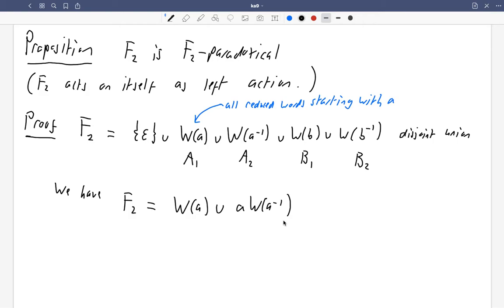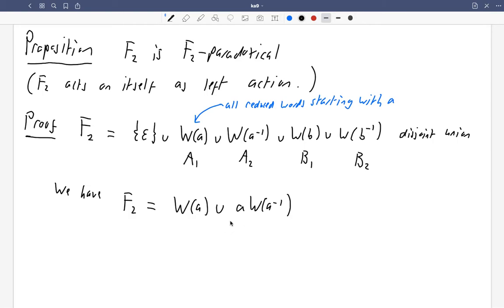Because, once again, every word in F2 is a reduced word, and it either begins with A, in which case it's in W(A), or it doesn't begin with A. So it might be empty, but the empty word, the identity element, is obtained as A times A to the minus 1, so that's indeed in this set.